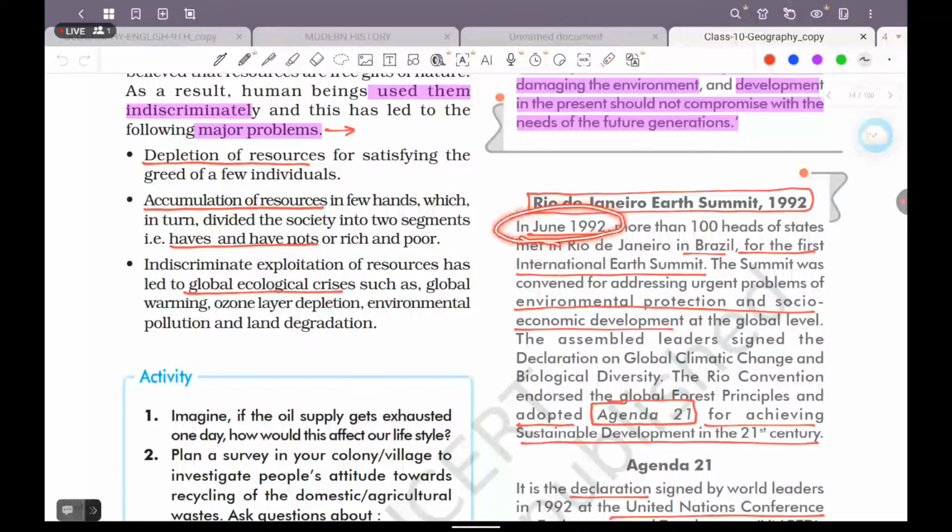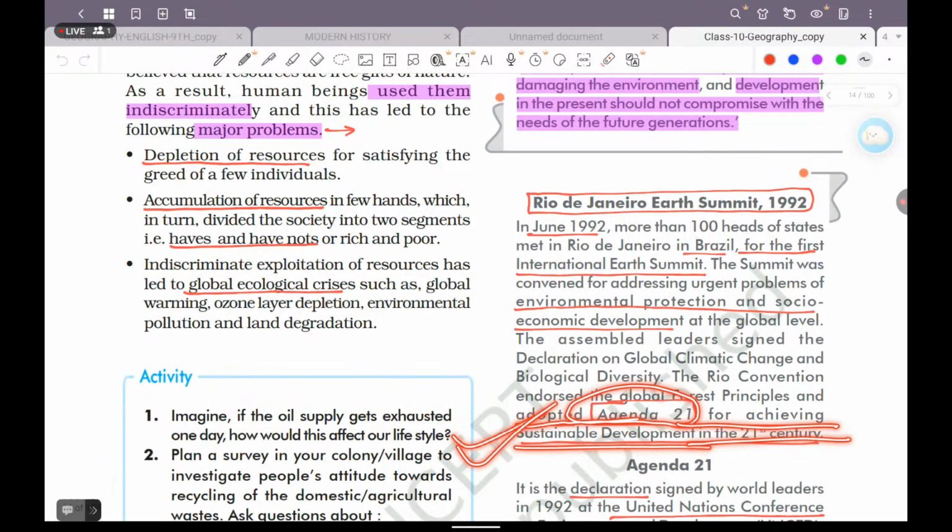It happened in Brazil, and the main aim of this Earth Summit was to contribute to sustainable development; they adopted Agenda 21 for achieving sustainable development in the 21st century.